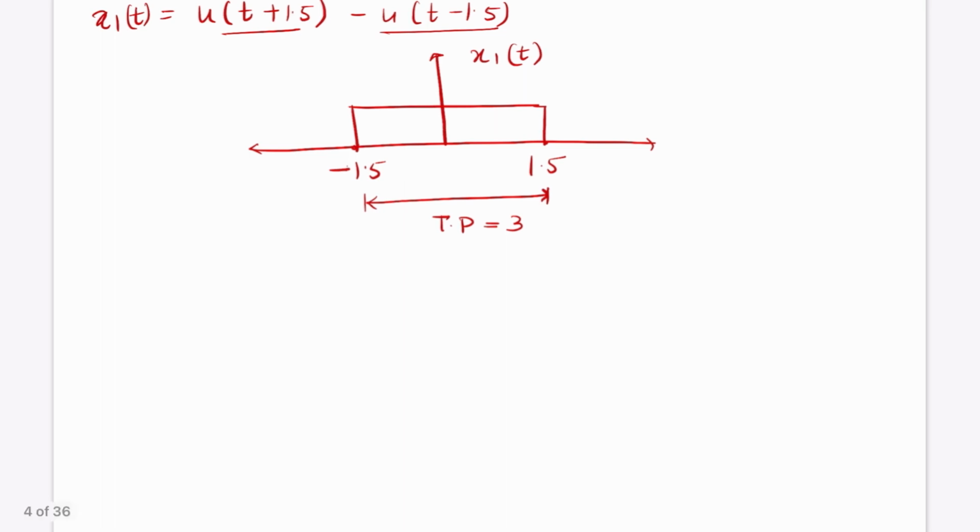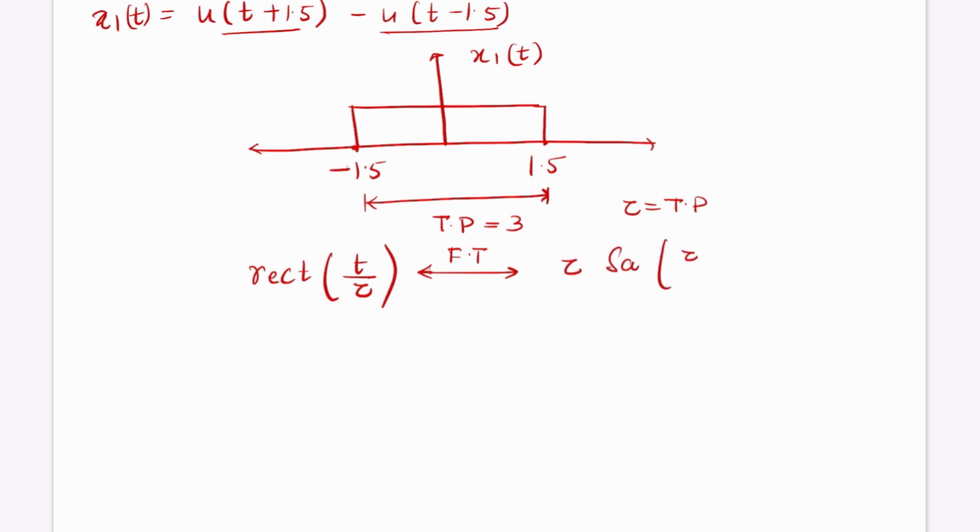A rectangular function in its frequency domain is equal to a sampling function or sinc function. We write rect(t/tau), where tau is the time period only. In frequency domain, by using Fourier transform, it will become tau Sa(tau/2 times omega), or the same as tau sinc(tau/2 times omega).